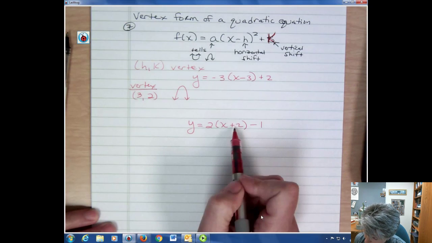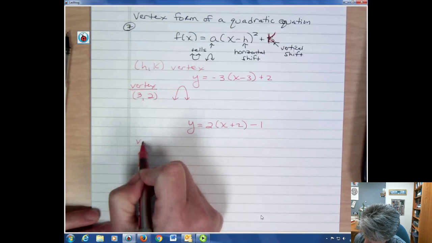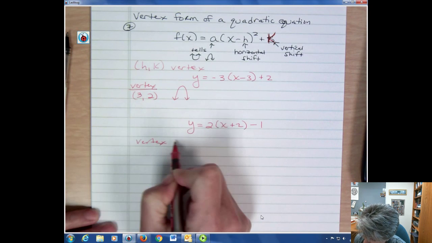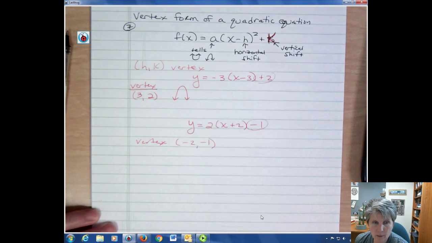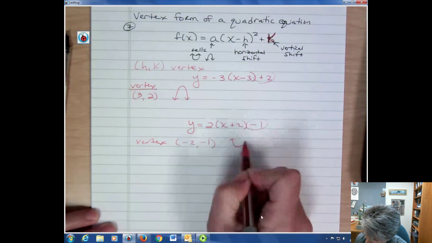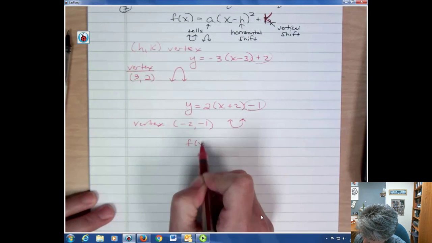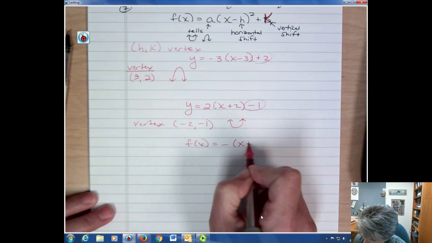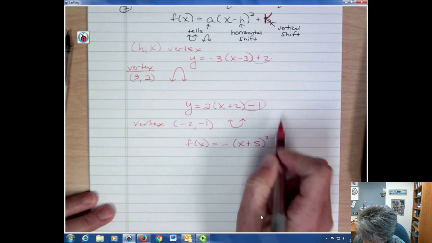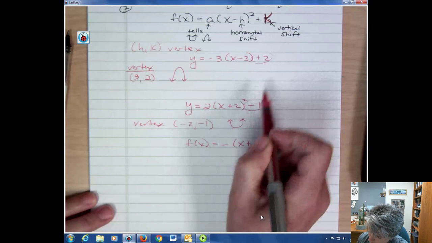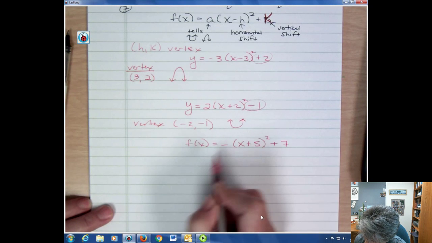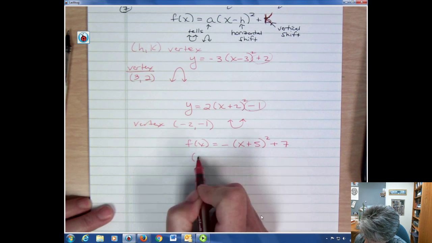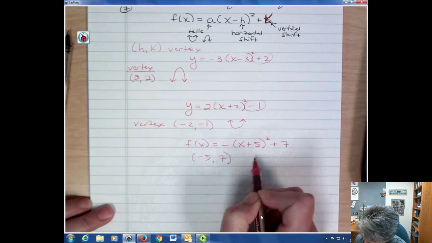That means my h is actually -2. So for this, my vertex would be -2, -1. It's always exactly what you see at the end for your y part, and because this is +2, it's going to open up. And one last one, if I have f of x equals -(x plus 5) squared plus 7, my vertex would be -5, 7, and this parabola would be opening down.